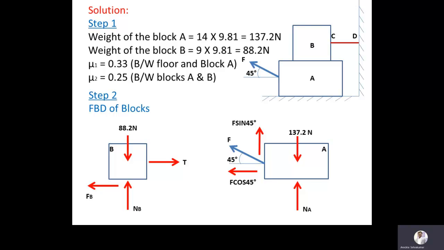Because the block is moving towards left, the frictional force on block A will act towards right, that is F suffix A.